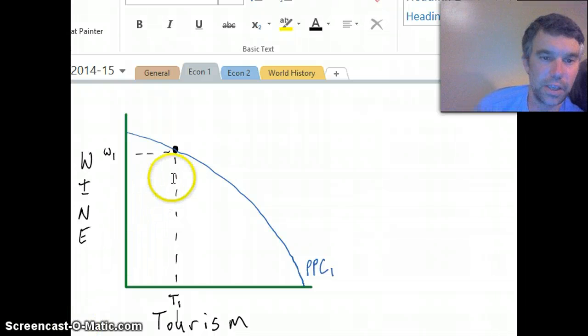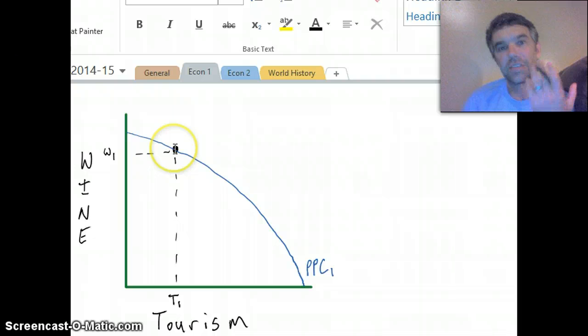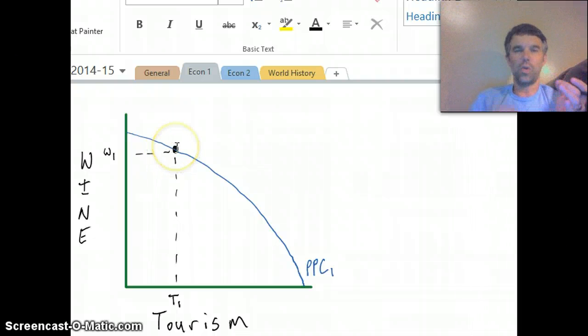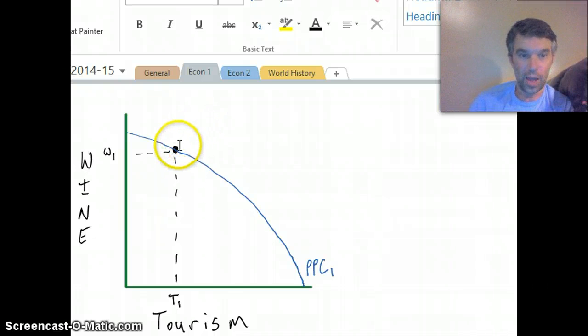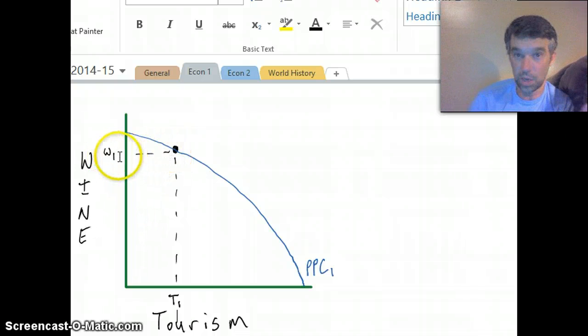You can also see that I've put a point on here so that I have something to refer to. I don't want to speak about the curve in a general manner. It's going to be a better conversation if I can talk about, well, on PPC1, the most they can produce is this value here, W1.